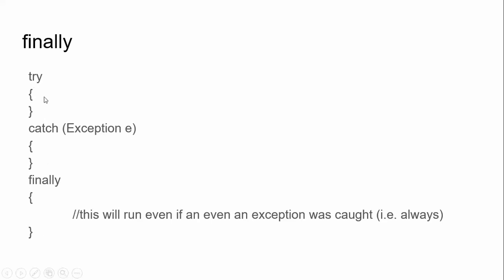So try to do something. If it blows up, then the finally block will run, followed by the catch. So if in my try block I opened up some resources, but an exception got thrown, I could close those resources in the finally block and then catch the exception. So they would actually kind of jump around. It wouldn't fall down. It would actually go from the try block to the finally block to the catch block.